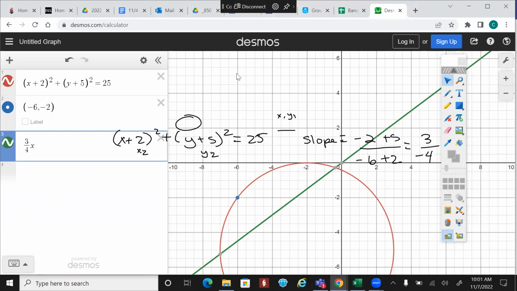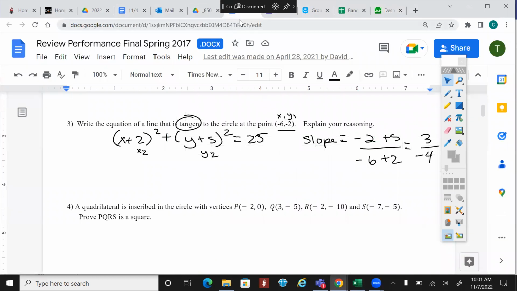So when we do this, remember point slope form? y minus y1 equals m times x minus x1. So we change the sign to be positive 3/4.